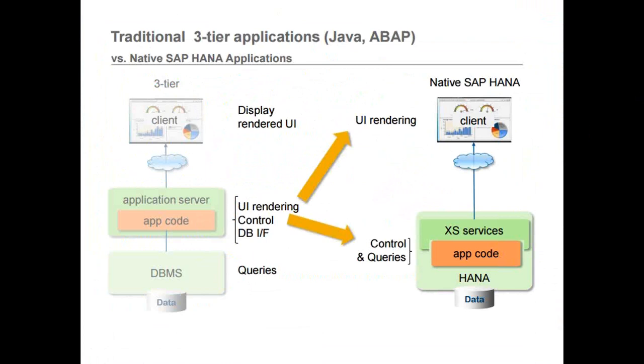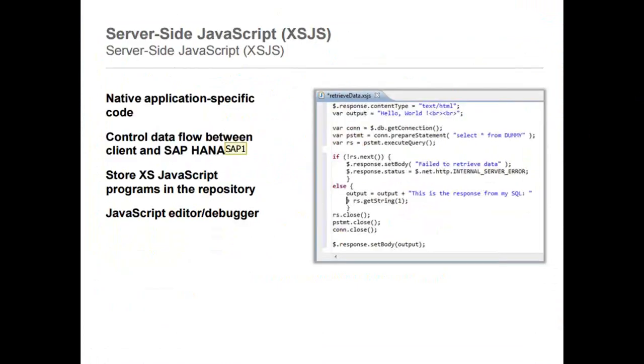If you talk about native HANA development, on top of the database we write access-related code, JavaScript-related code. You can write directly on top of the HANA database. This is the sample code, XSJS.